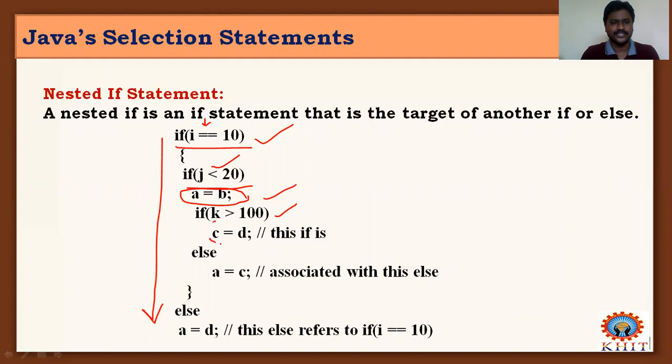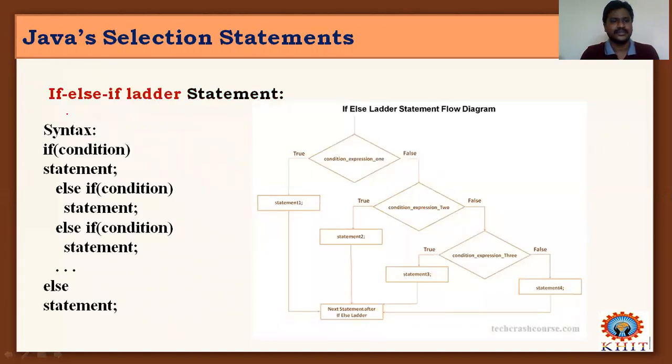This if condition statement is this one, and this else belongs to this if case, and so on. So here is the relation between if and else statements. Coming to another version of the if statement, the if else if ladder.